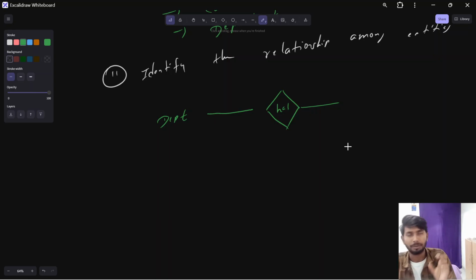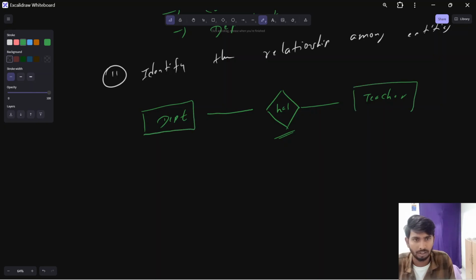If we have department, then department has some teachers. This is the symbol of relationship. This is the symbol of entity. So one department has many teachers. This relationship is one to many.